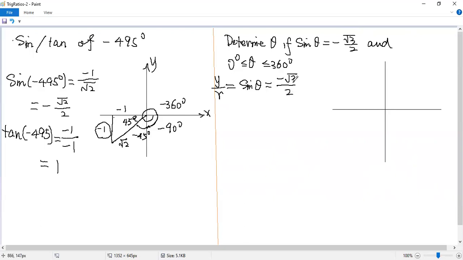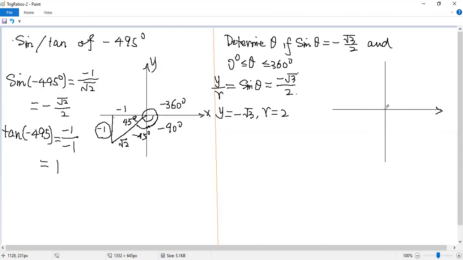So that can be y. This can be r. So y equals negative square root of 3, r equals 2. Because y is less than 0, you see the terminal arm should be in either quadrant 3 or quadrant 4.